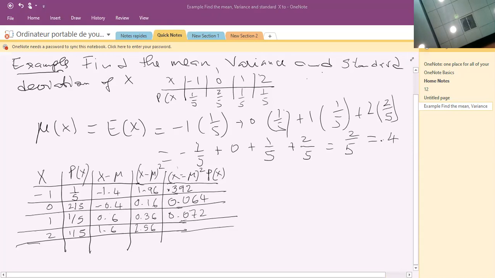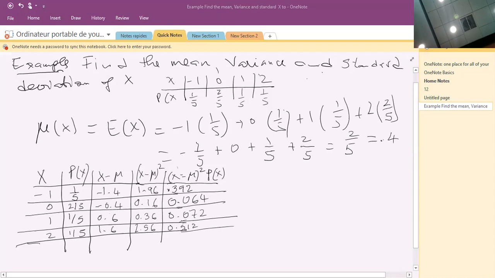And then 2.56 divided by 5, that's 0.512.